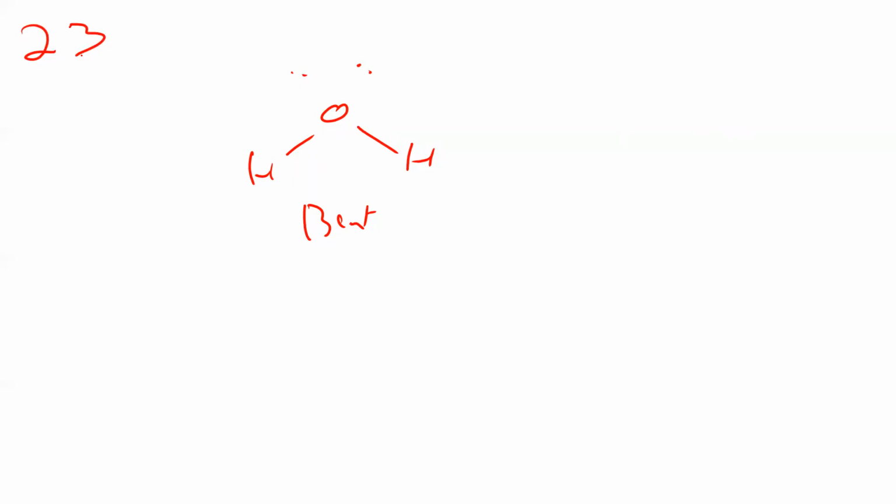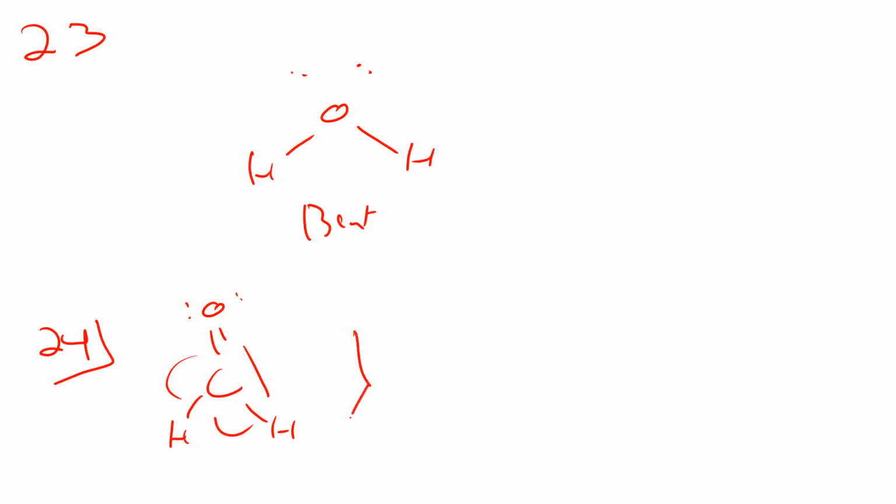That's 23. 24, I might even write it on the same slide because they're just asking about formaldehyde. Formaldehyde is a preservative. And this is going to be trigonal planar. It's all on the same plane. So we did 23 and 24. Moving on to 25.